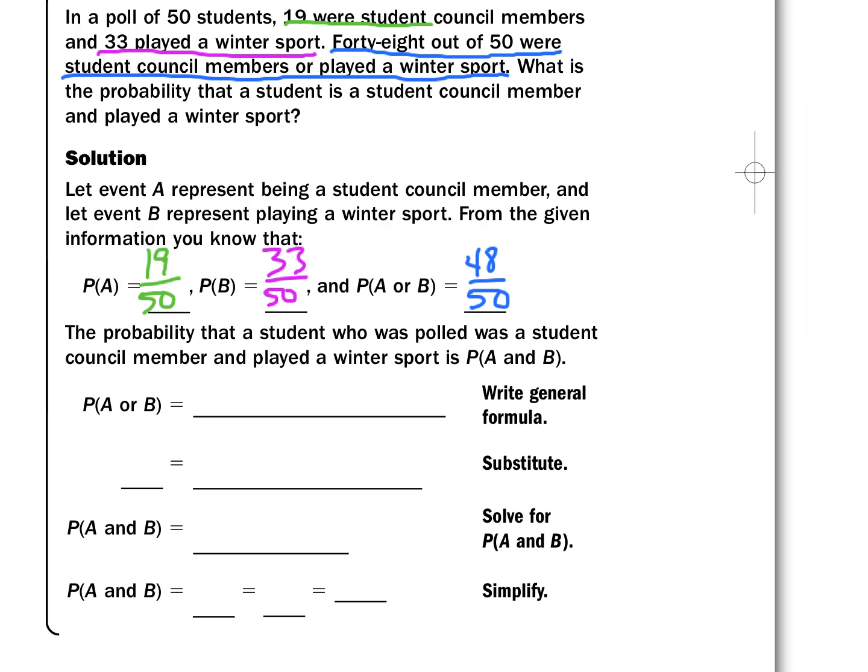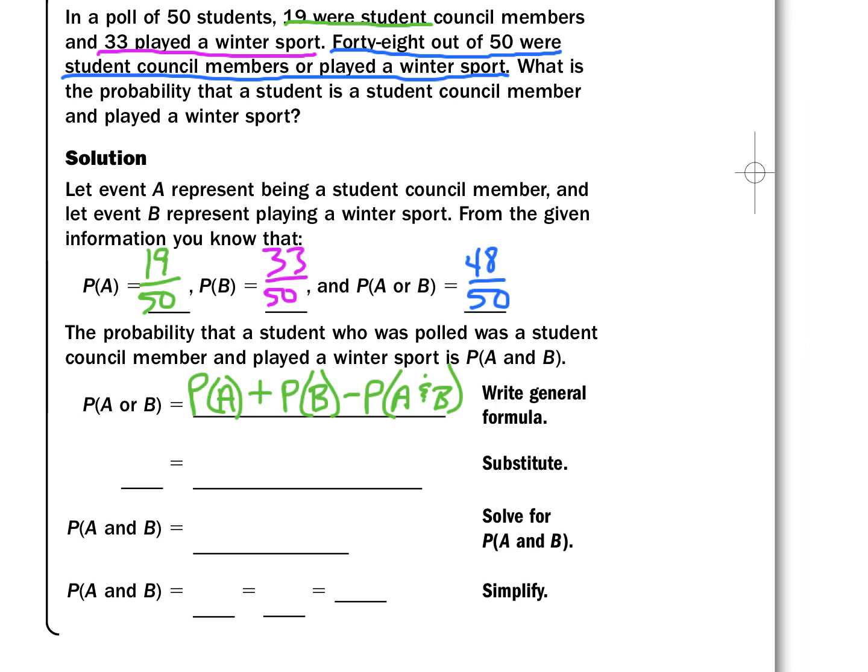Now we know that the probability of A or B is equal to the probability of A plus the probability of B minus the probability of A and B. So now we're going to substitute in.